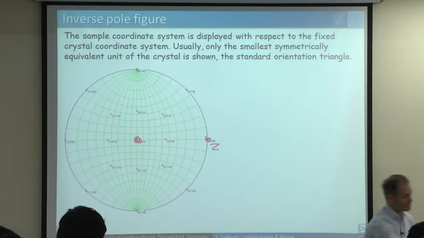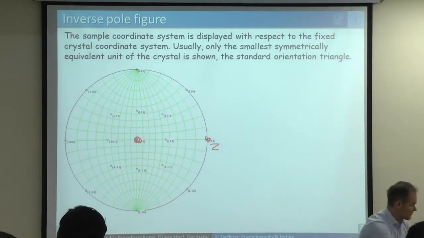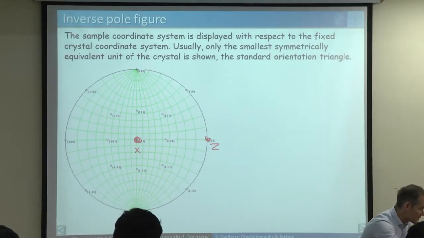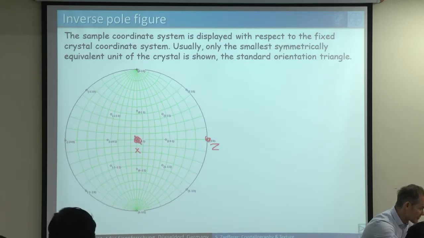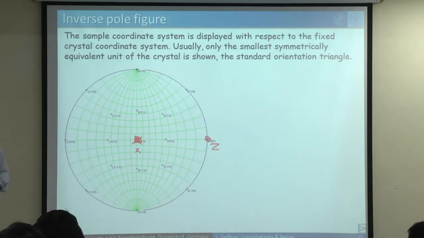And I could make another one. So let's give it different symbols. This would be the X direction here. And for X I make an X, really, and for Z I make a circle. Okay. Now let's imagine another crystal orientation, and now you will see already one of the tricks.